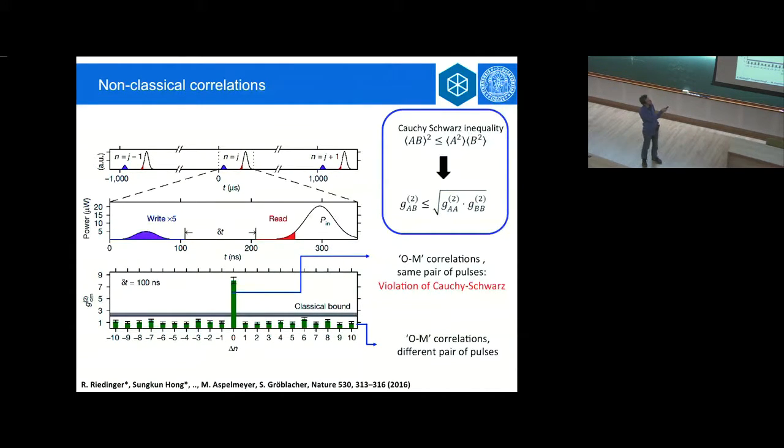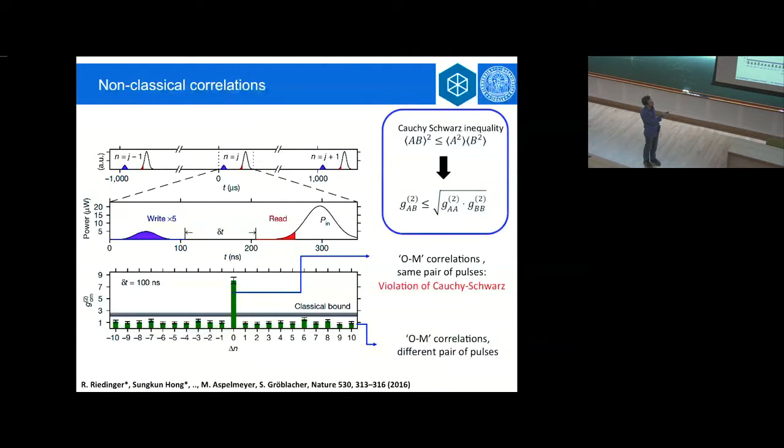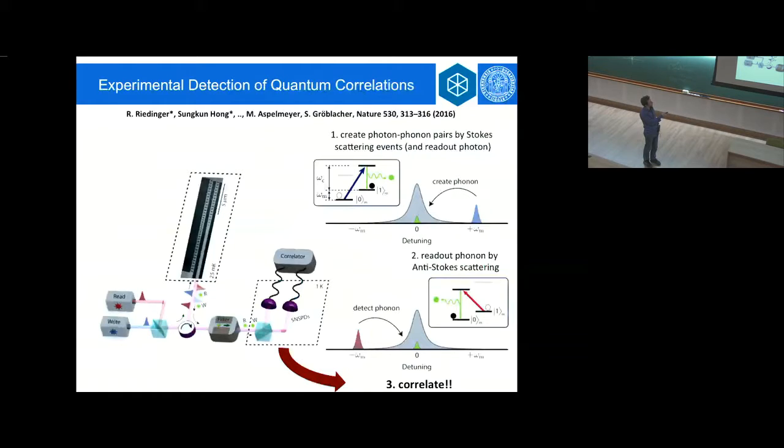Based on a Cauchy-Schwarz inequality, one can look at the G2 functions of this. Essentially, G2AA would be the case where one finds a photon from the write pulse in both detectors. And then G2BB corresponds to measurements of photon pair correlations between the readout photons.